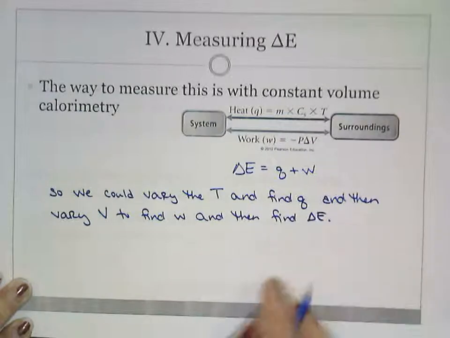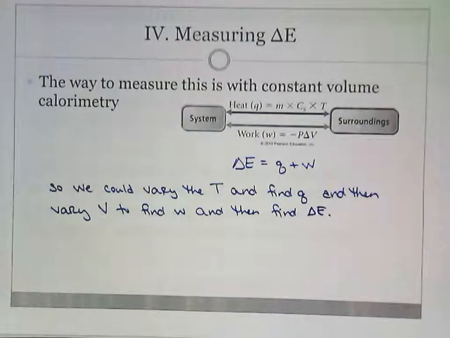So we could, in theory, change the volume, find how that affects work, then change all the volumes to find W, and then use my Q and W to find E. 2 variables, 2 unknowns. We could, but we're going to do a shortcut.